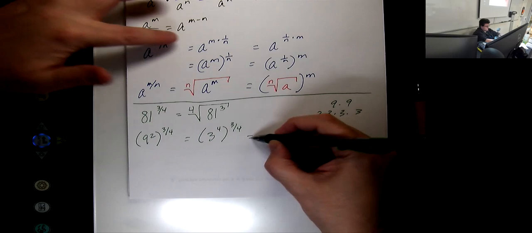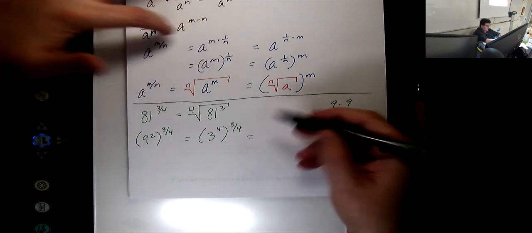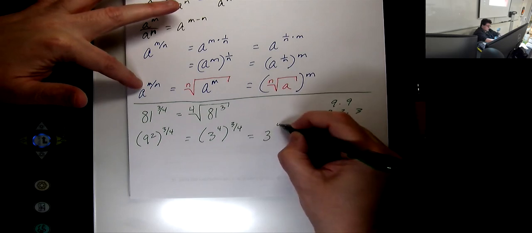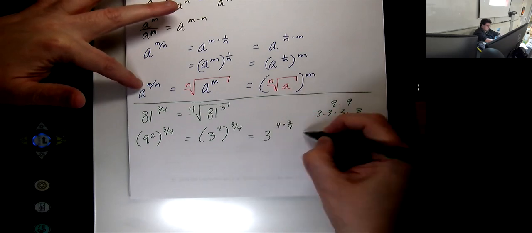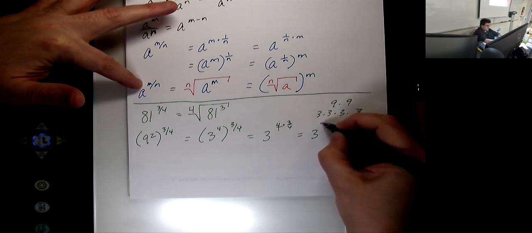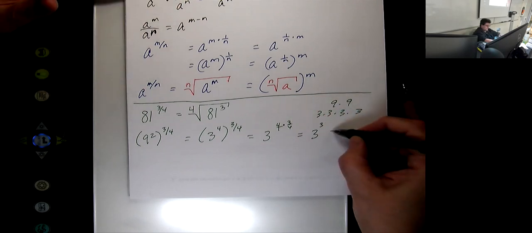So we can convert to multiplication, like multiply those together. 4 times 3 fourths. The 4s cancel, and I'm left with 3 to the 3rd power, which is 27.